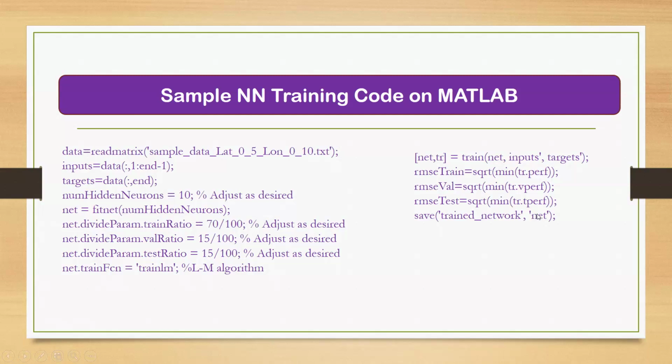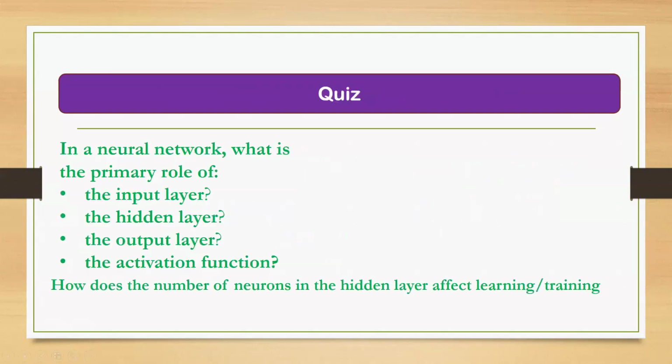And this line is saving the final network. So when you run this code, you're going to have the final trained network saved on your computer as trained network. That is the one you can now use to make a prediction of any new data that would be supplied. I think this is the last slide, and I see there are a number of questions.